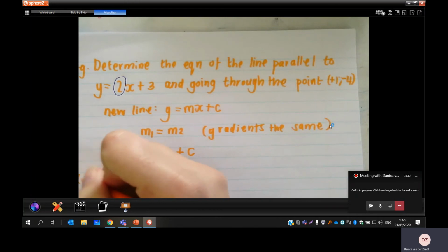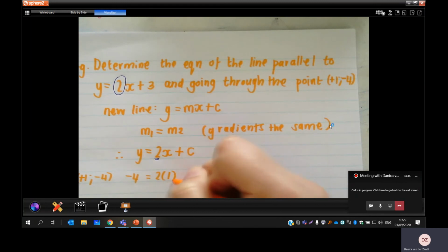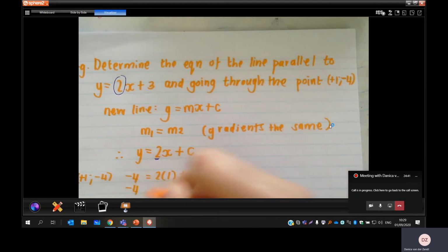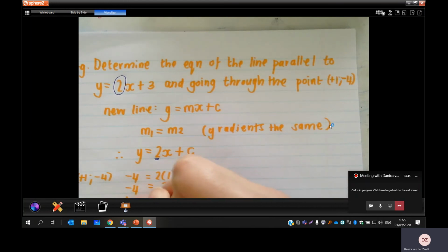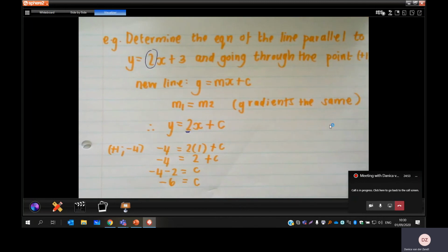Minus 4 for y, positive 1 for x. 2 times 1 is 2. Just showing you every step, but you don't actually need to. So taking that positive 2 over, c would be equal to minus 6. Therefore, since I wanted the equation, my new equation is y equals 2x minus 6.